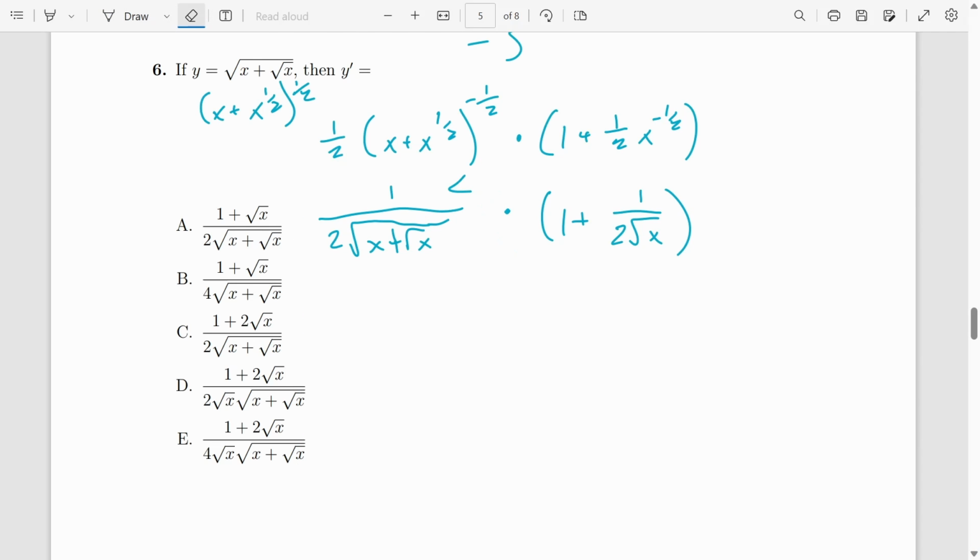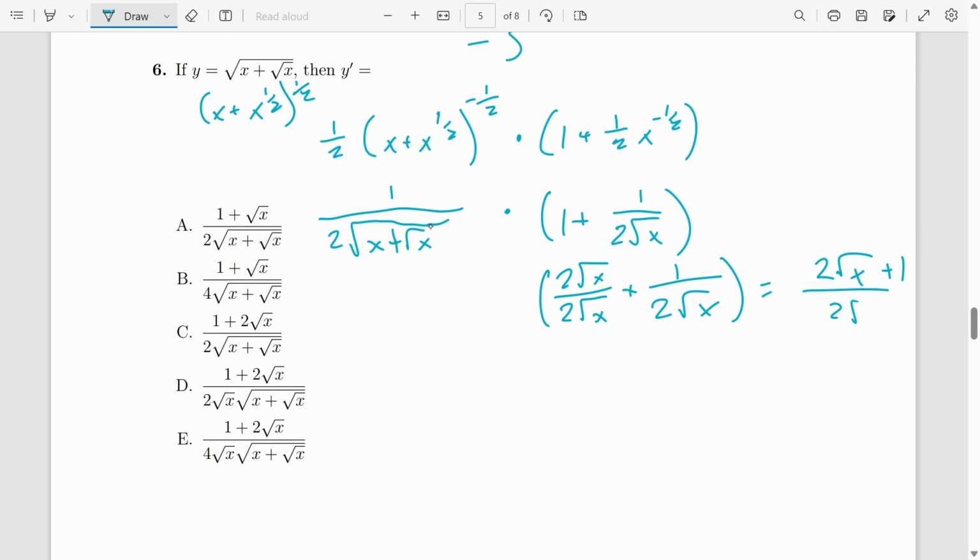So we can do a little better. We can combine this 1 and this fraction into one fraction by turning the 1 into 2 root x over 2 root x. So then we have common denominators, and that becomes 2 root x plus 1 all over 2 root x.